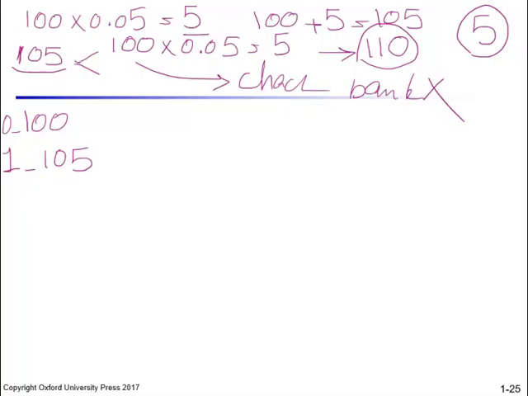But when they are calculating the amount of money you have at the end of year 2, they are paying you interest even on this $5. So they say 105 times 5%.